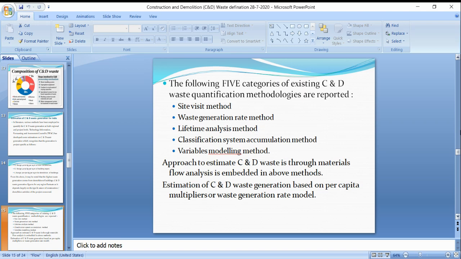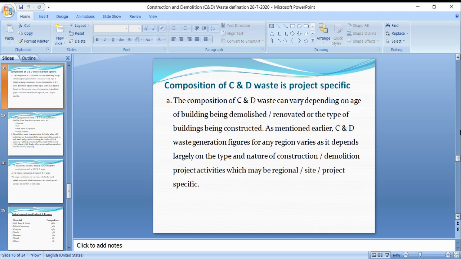Estimation of construction and demolition waste generation is based on per capita multipliers or waste generation rate model methods. We have already seen in the figure the composition of construction and demolition waste.